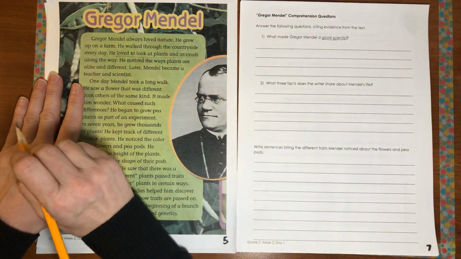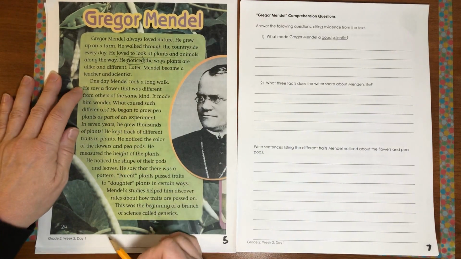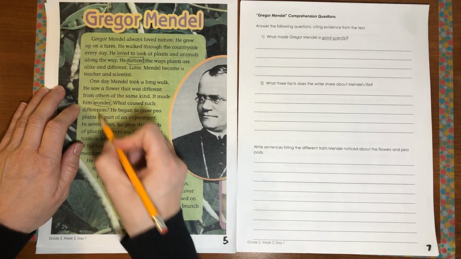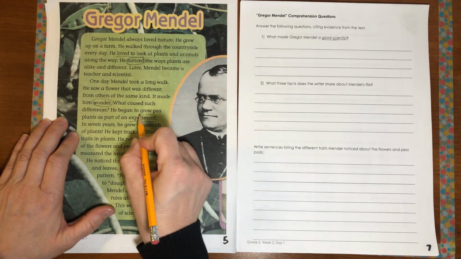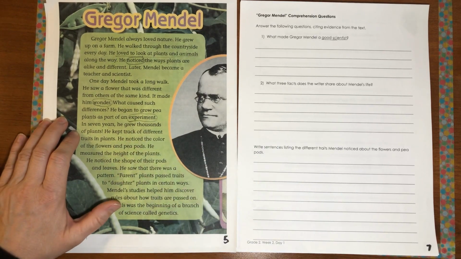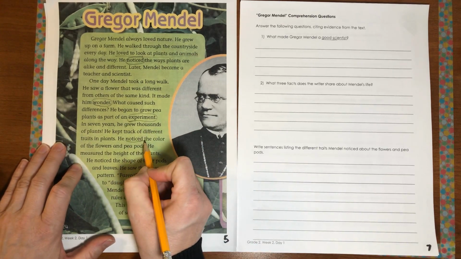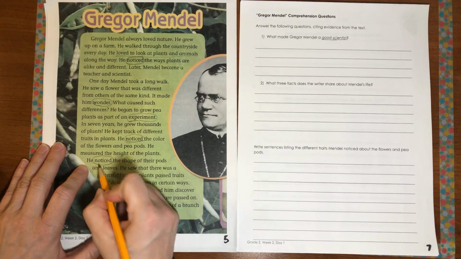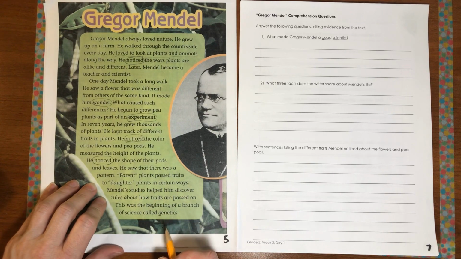That's something a scientist would do. He noticed things. That's something a scientist would do. He wondered. Something else a scientist would do. He did an experiment. Okay, so also scientists do experiments. Okay, and he noticed again. There's that word noticed again. Noticed. It's in here a lot, isn't it? And he saw that there was a pattern.